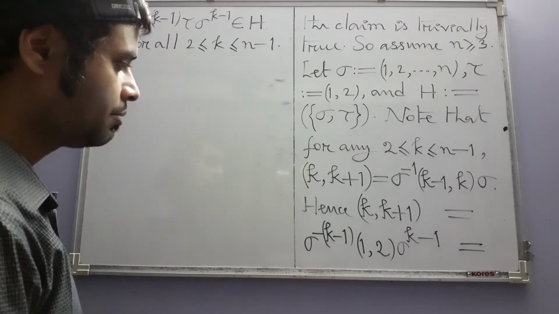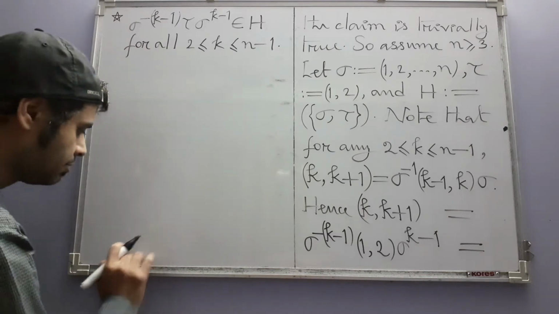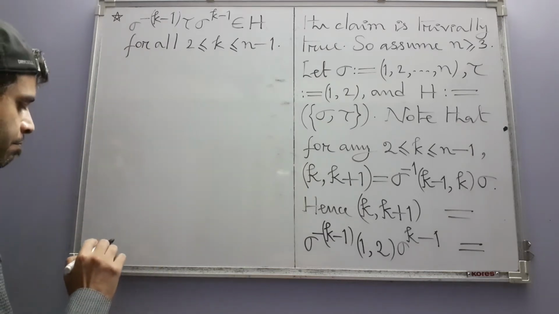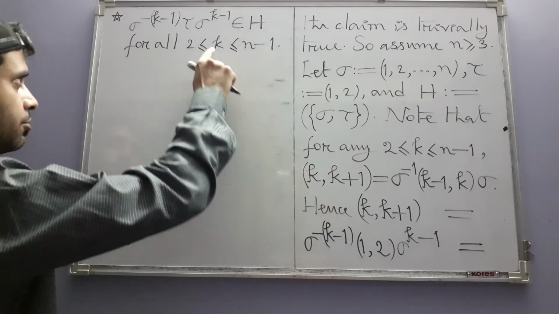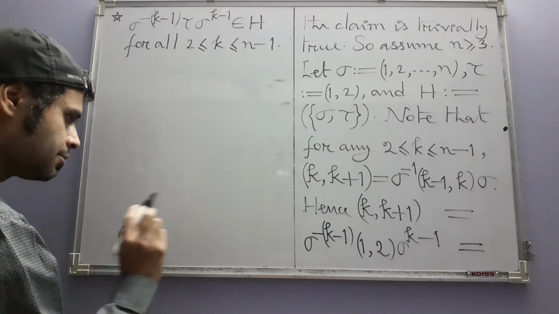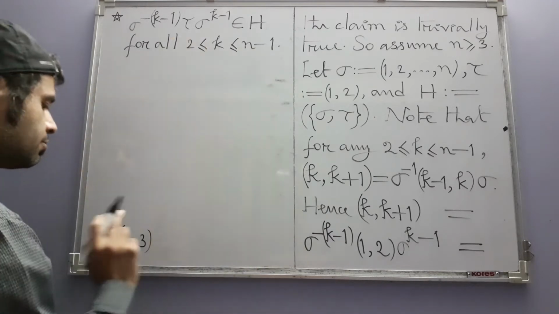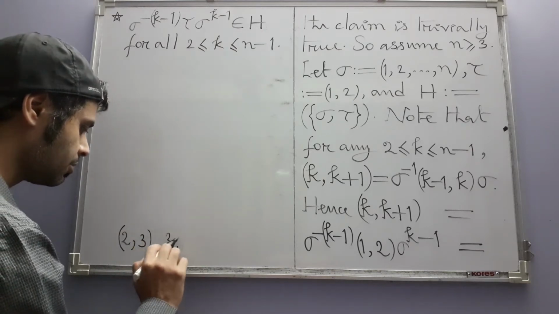What does that mean? Let's write the values. When we put k equal to 2, we get (2 3); we have proved that this belongs to H. Then the next one, you get (3 4).